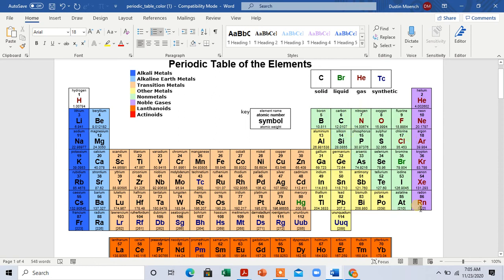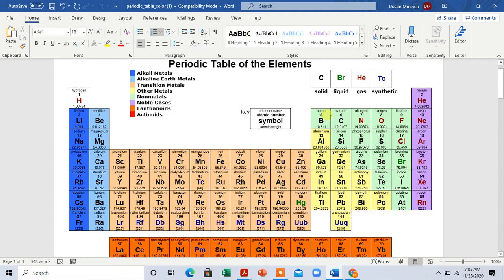These elements over here in the green are nonmetals, and metals are pretty much everything else. Covalent compounds only occur between two nonmetals. So this small sliver of elements right here are the only ones we're going to talk about. When two of those combine, we get a covalent compound.